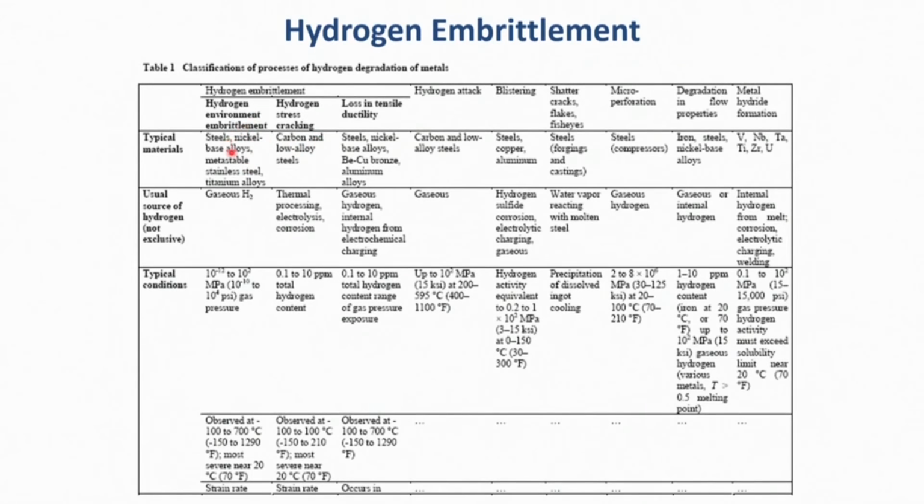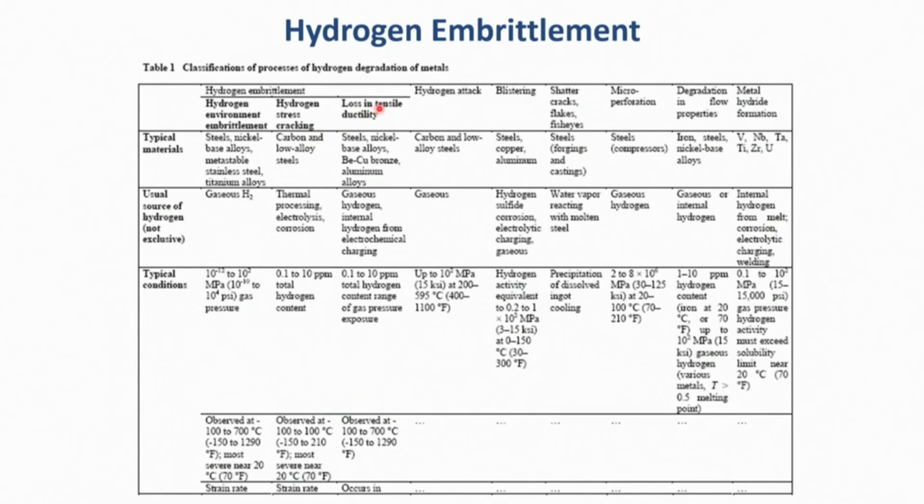Here hydrogen environment embrittlement is observed, and the typical condition is 10 to the minus 12 to 10 to the 2 MPa gas pressure. When the gas pressure is increased, there is also the problem of stress corrosion cracking, which is called hydrogen stress cracking, and usually carbon and low alloy steels are subjected to this kind of problem.